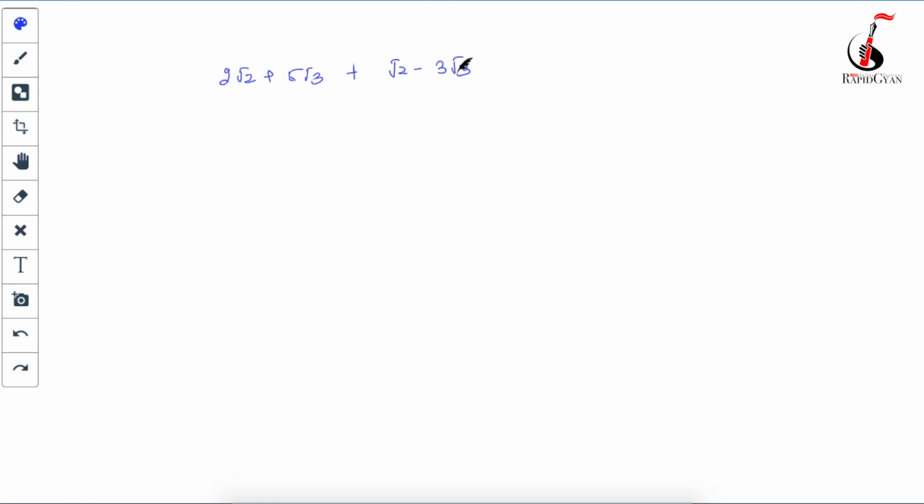See, it's very important. Before going on, I am going to tell you one more thing. Suppose you will have to add it like this: 2x plus 5y plus x minus 3y. Sorry, not 2, this is x. So how are you going to add this? You must have studied this in your previous class. What we do is find out the common variables, and then we do our operation.